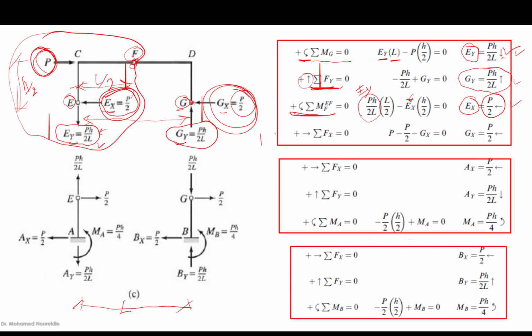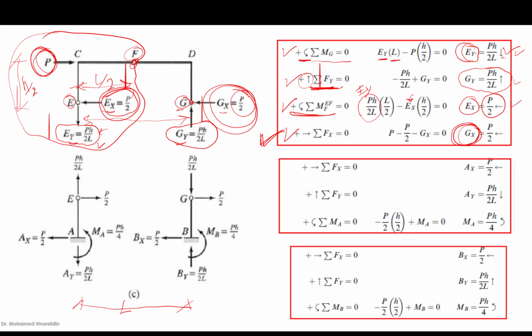Okay, so now this is the benefit of introducing the internal hinge. We get benefit from this. We have the summation of moment at point G, summation of forces after that, summation of moment at point F, and then the summation of the horizontal forces. We could obtain all the unknowns that we are seeking.